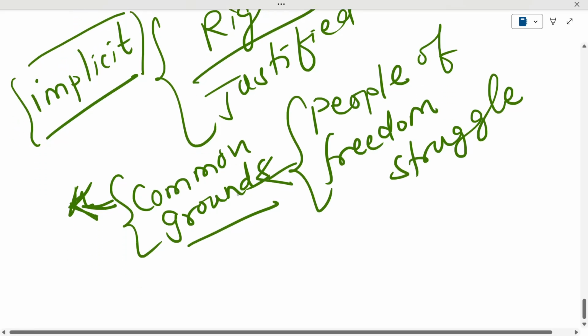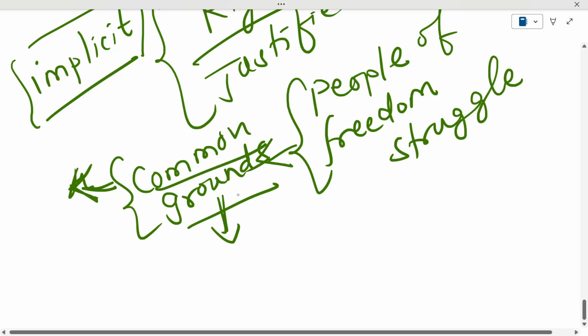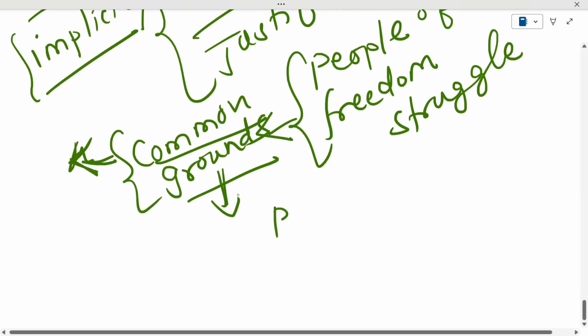So those common grounds could not have been otherwise, they could not have been unjustified.